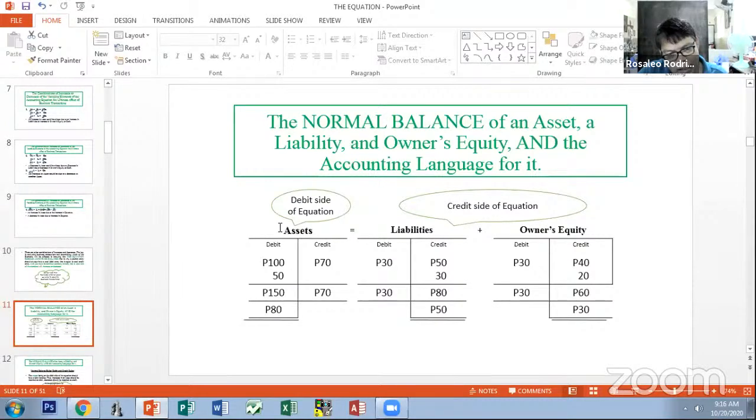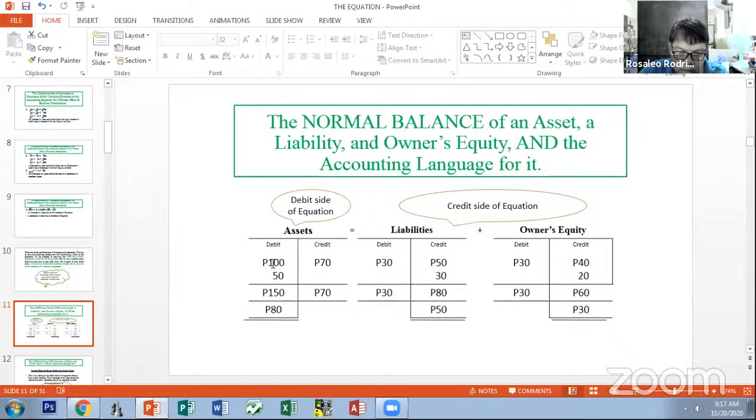So I think that's how I can explain why increases in assets are recognized as debit and the operation is addition. Assets being on the debit side of the equation, increases in assets must be debited.